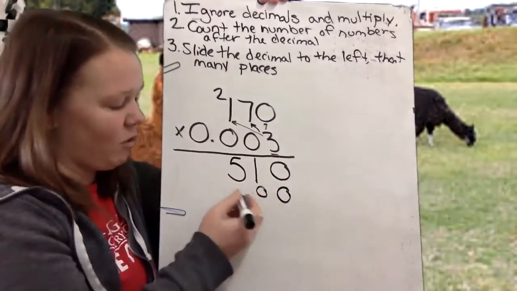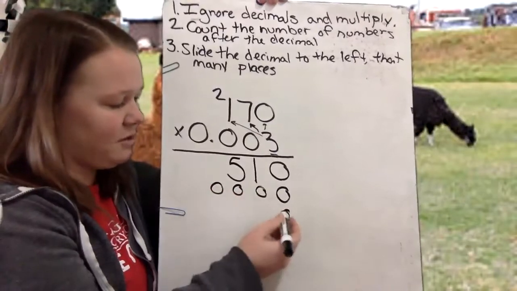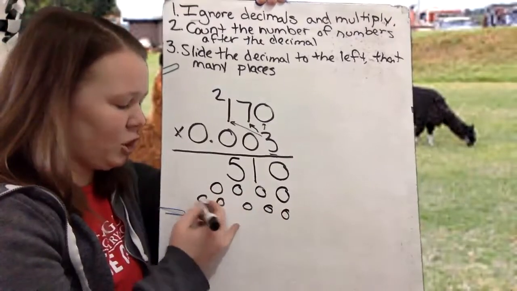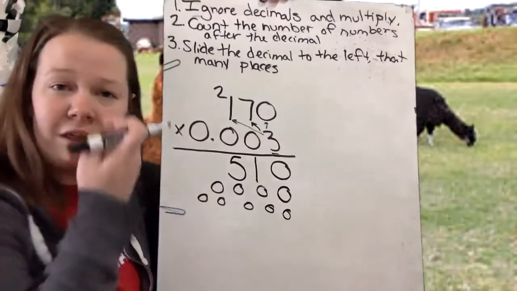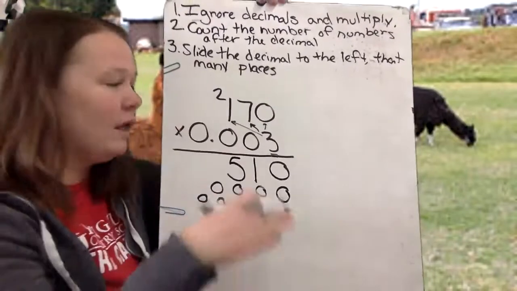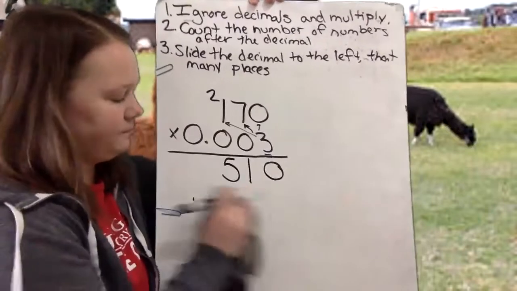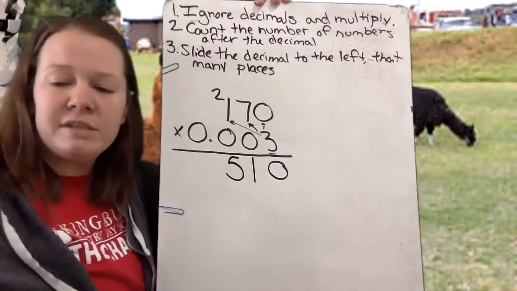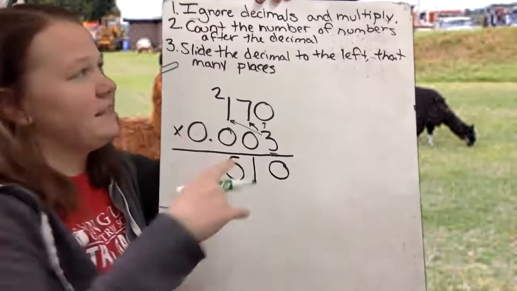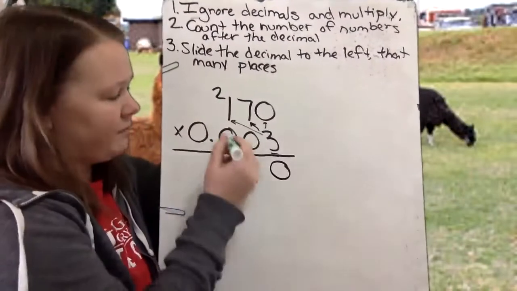Yeah, I'm going to get a whole lot of zeros. So if you want to add all these zeros down here, go for it. Or if you're a mathematician and think, I already know that all the rest of these will be 0, then you don't have to worry about it. Okay? So here we go. That was step 1. Ignore it. Second step, we've got to count how many numbers are after the decimal.